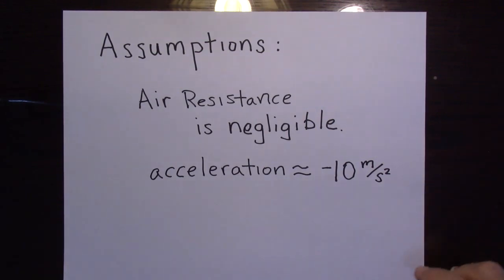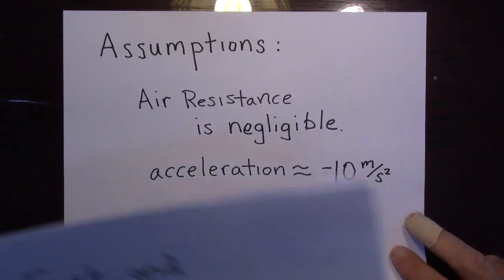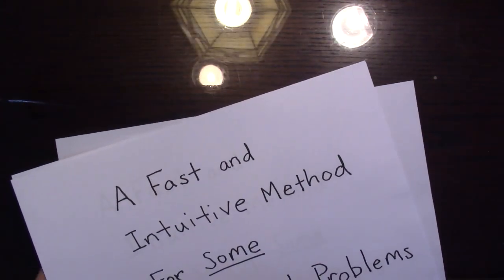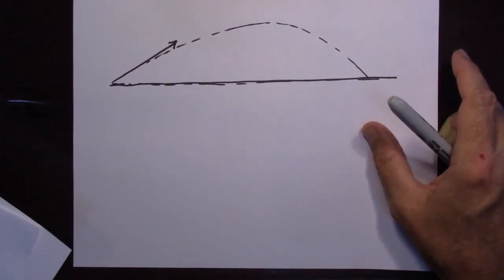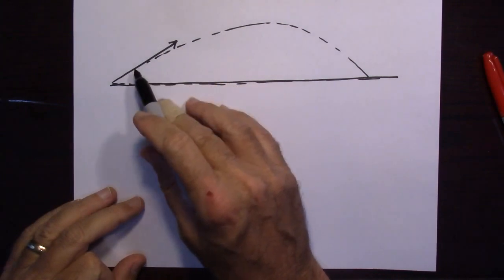This system works for some problems, not all problems. It depends on what you're given. But okay, let's get started. We're going to use the exact same thing we used for the other two. Imagine that we fire something in projectile motion at some angle.